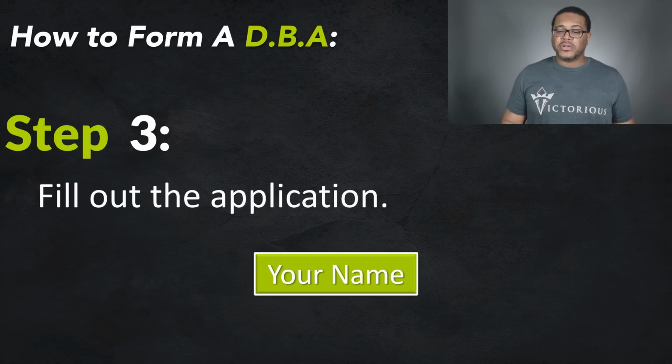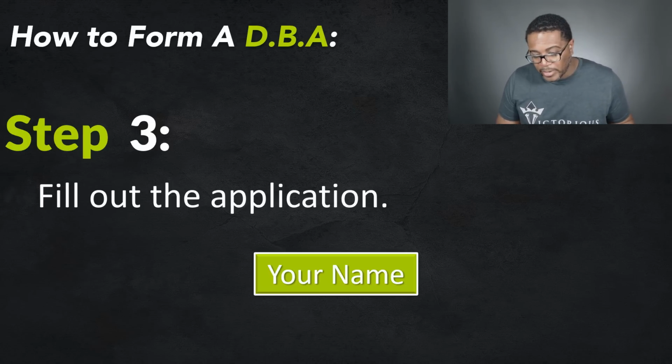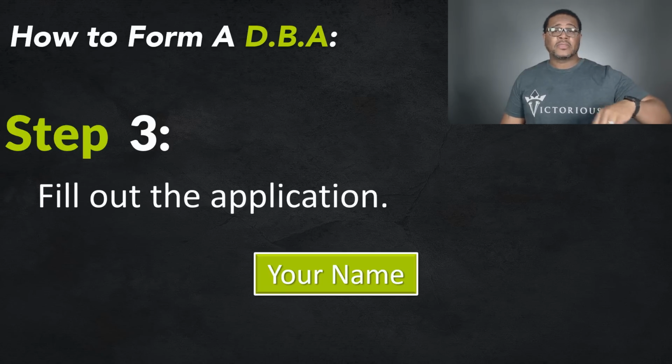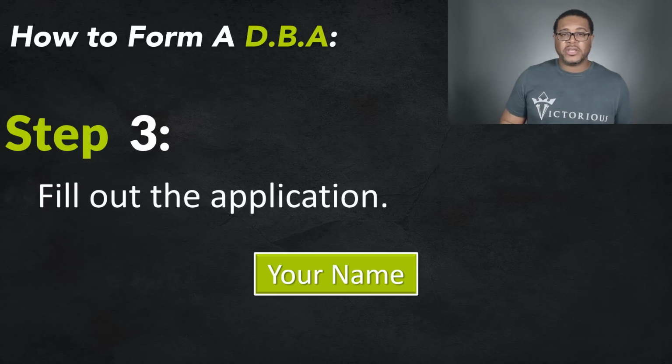Obviously, they will need your name as you are the person who will be operating under the new name. So if you're doing this for your business, like if your LLC or C-Corp is the one that is filling out the application, then you're going to put your business name so they'll know who is getting ready to do business as in our county.